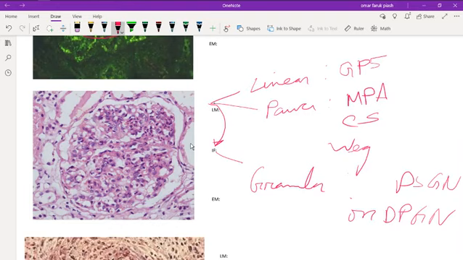In granulomatosis with polyangiitis, PR3-ANCA, C-ANCA is positive. On the other hand, in granular immunofluorescence, there is PSGN or DPGN. Okay.